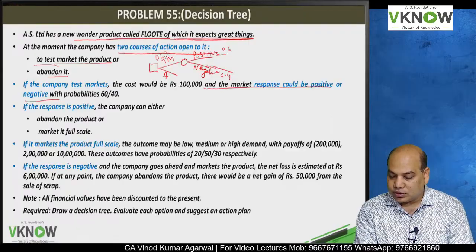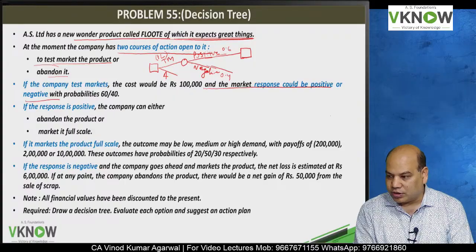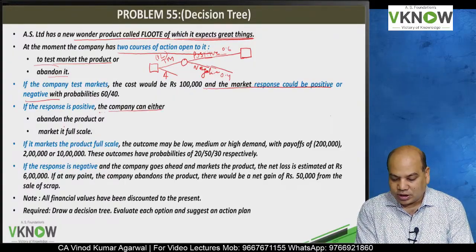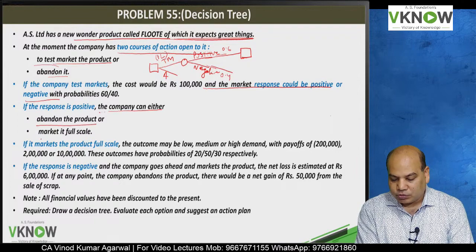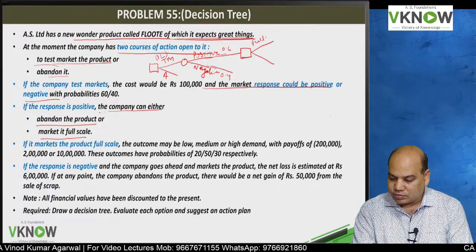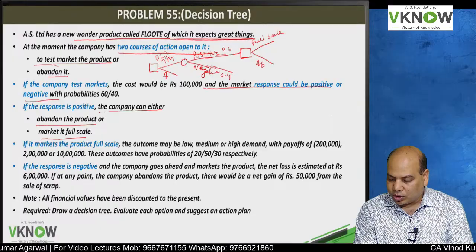If the response is positive, then you have to make a choice. Company can either abandon the product or market it full scale. If the response is positive, you have two choices: go for full scale marketing or you can abandon.